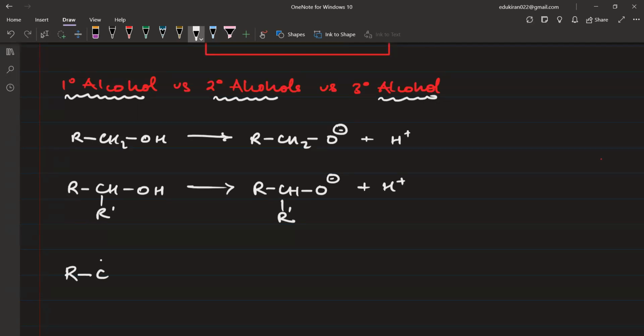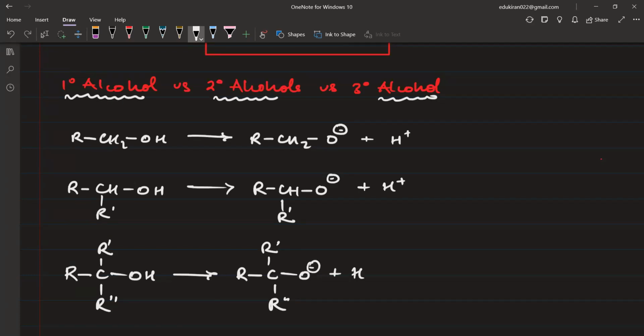Tertiary will be R, R dash, R double dash C OH. Here you will be getting R R dash R double dash CO negative plus H positive.